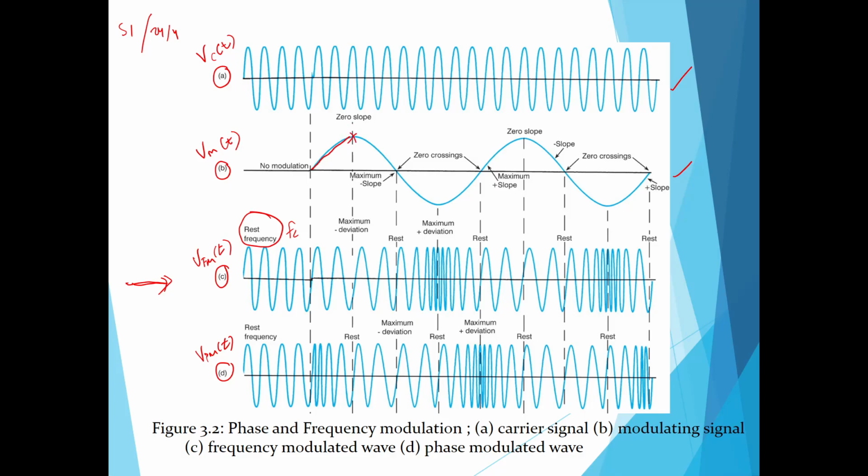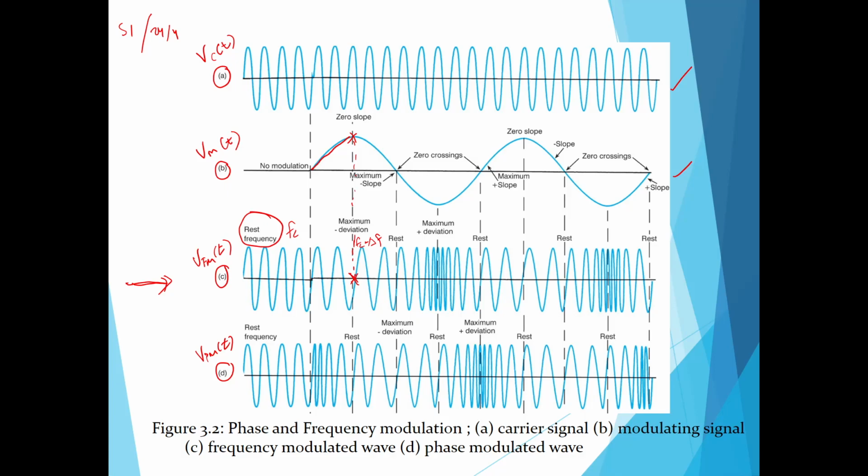So this is a peak positive amplitude. What happened is that the carrier frequency would be at minimum, which is FC minus delta F. So that's why at this point the carrier frequency would be at minimum, which is FC minus delta F.